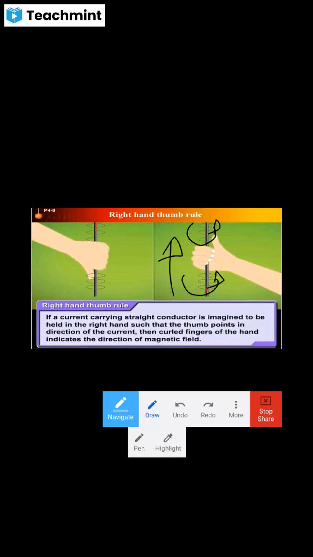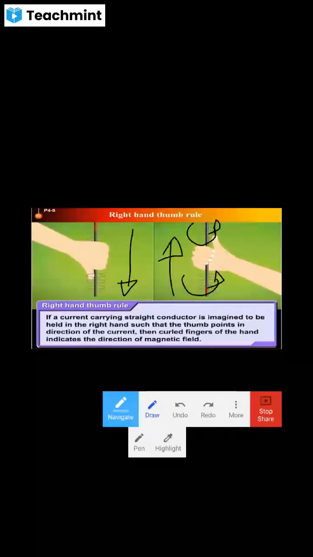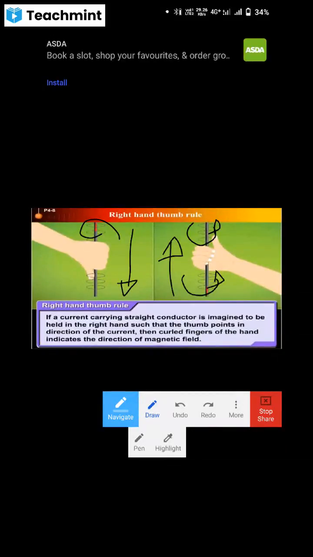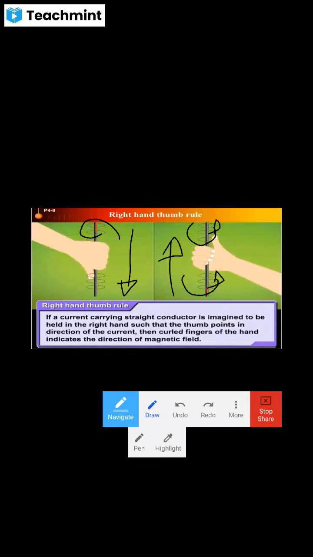Now if you take the lower left side, the direction of current is like this, and the magnetic field shows in the reverse direction.